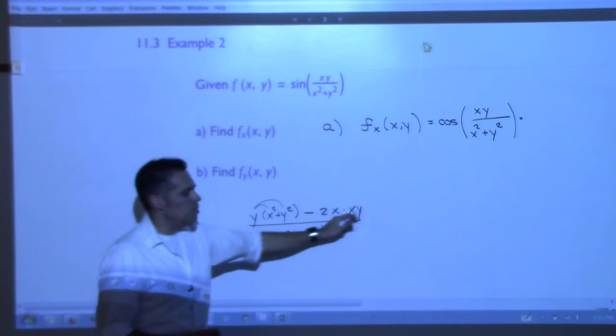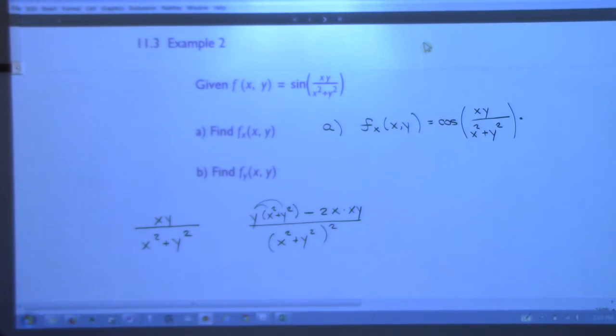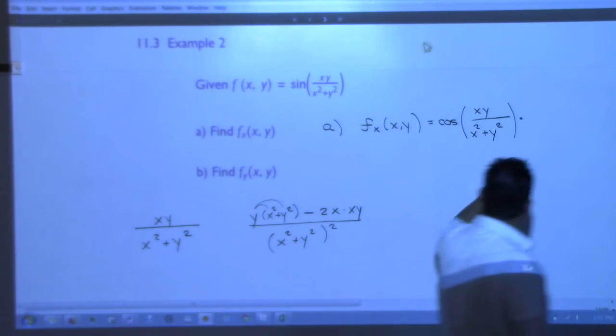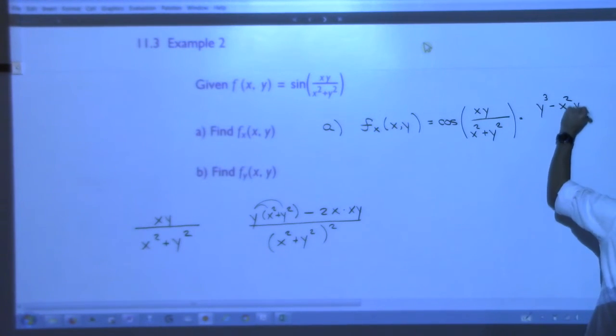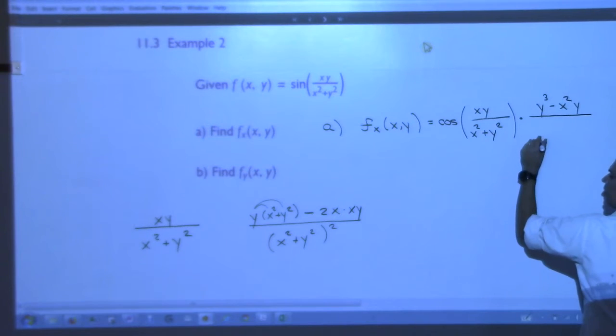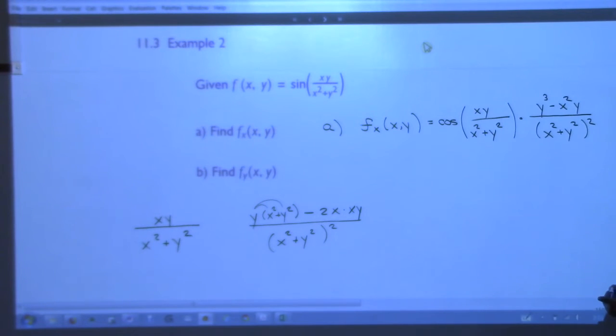And then that's minus 2x squared y. Right? So that would just be negative x squared y. Yeah, so we should, I think, have y cubed minus x squared y. I'm seeing some looks on your faces. Do you have a question? Or is that just what happiness looks like?